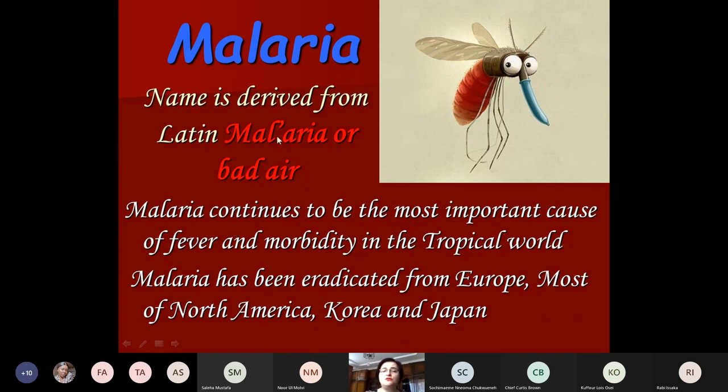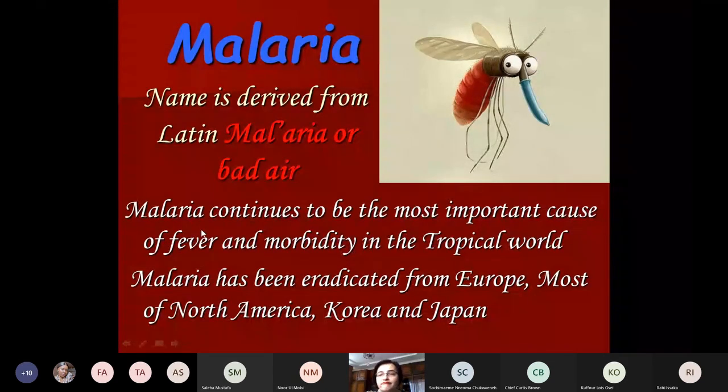Malaria. The name is derived from Latin mal aria, or bad air. You understand? Yes. What is this miasma? Maybe you remember from the previous lectures, I told you about such a word, miasma, like bad air, because in ancient and also medieval times a lot of scientists thought that exactly bad air caused diseases.